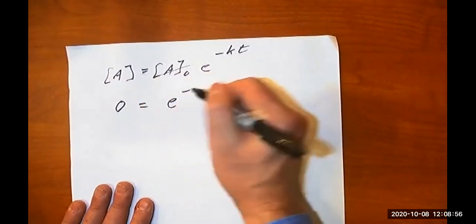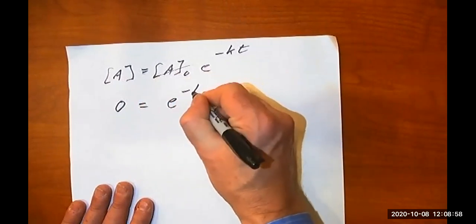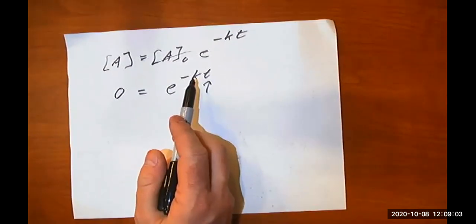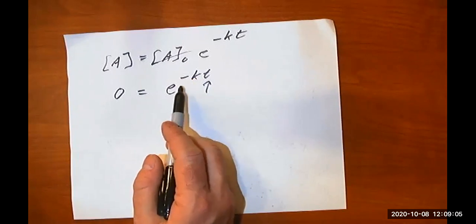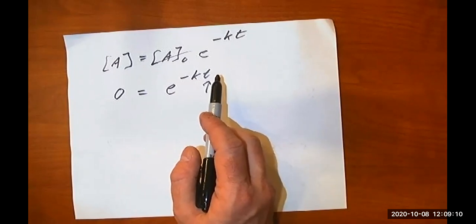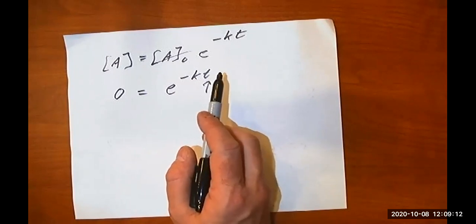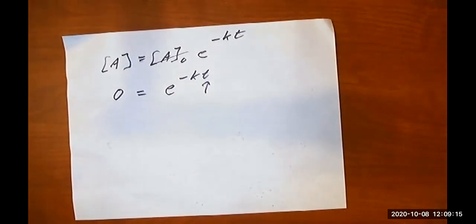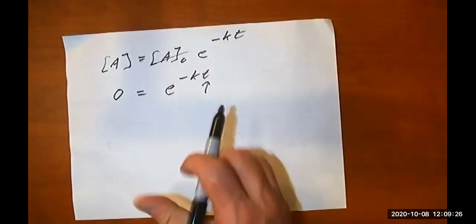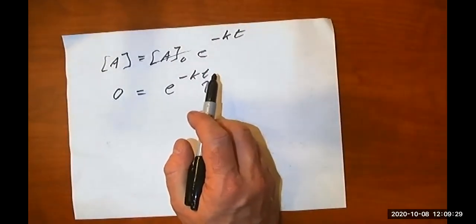What's the time we would have for this to be 0? The only way that would work is if t were infinity. E to the negative infinity approaches 0. So what this means is that in kinetics, no reaction is ever fully 100% complete, because the mathematics say that it never goes all the way to 0.